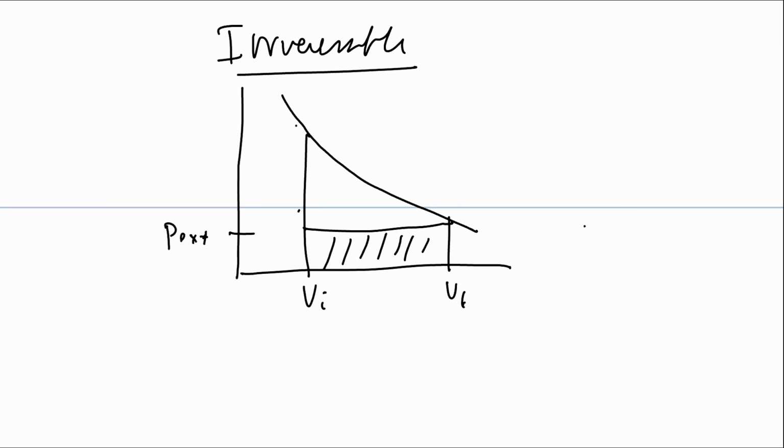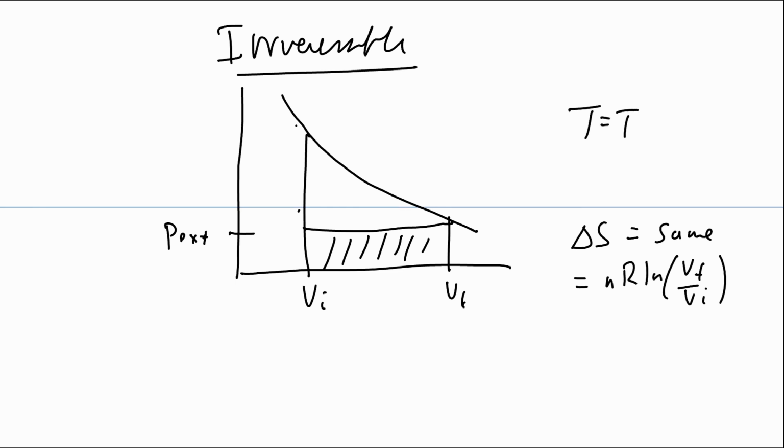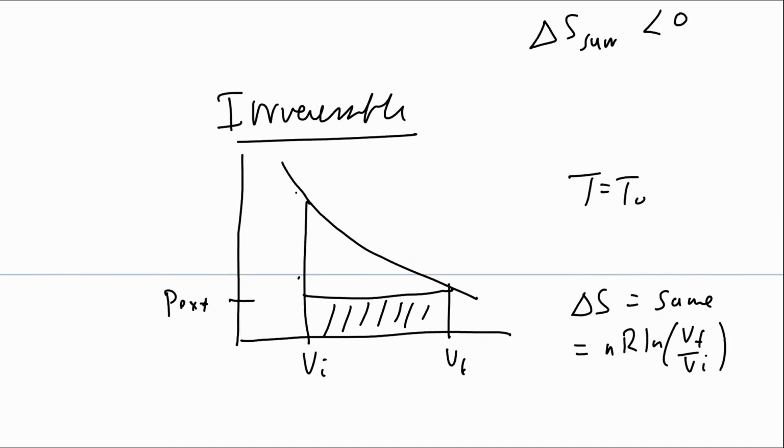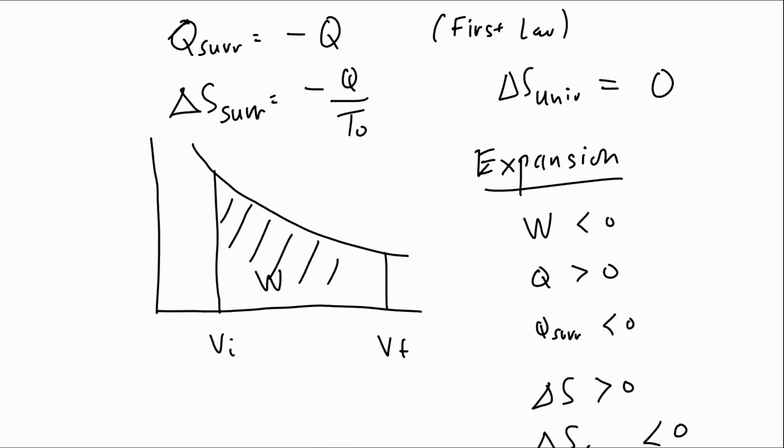So delta S is the same as above, which was nR log V final over V initial, right? That was the state function, T equals T naught. We go from here to here, the same as for this example.